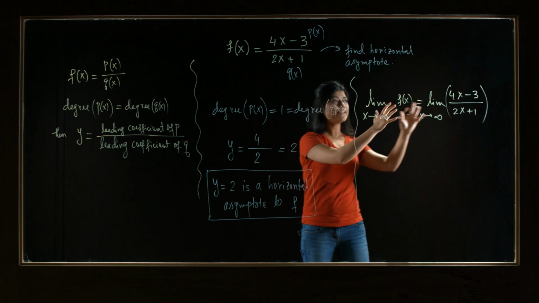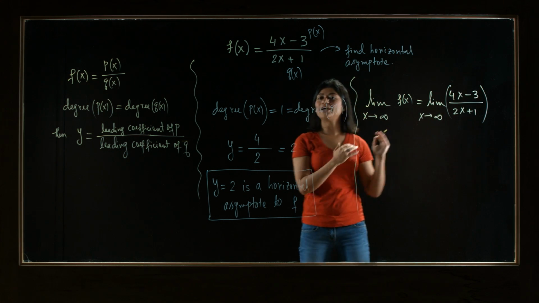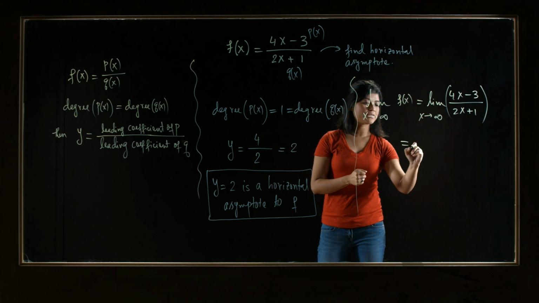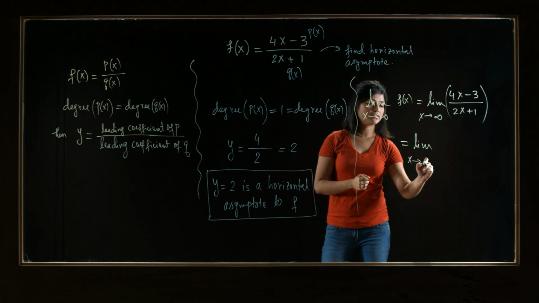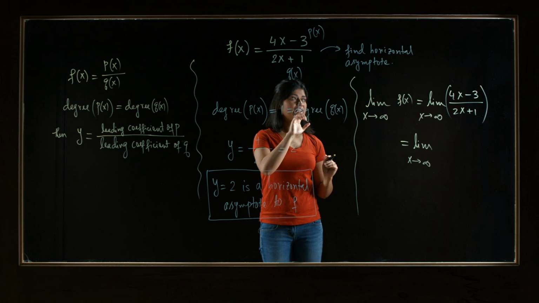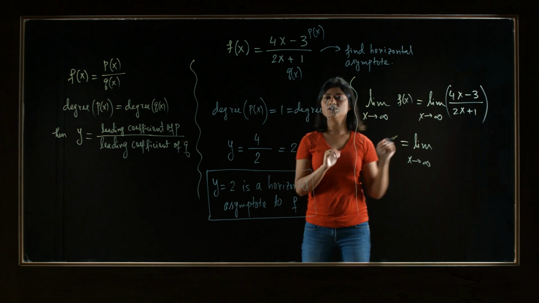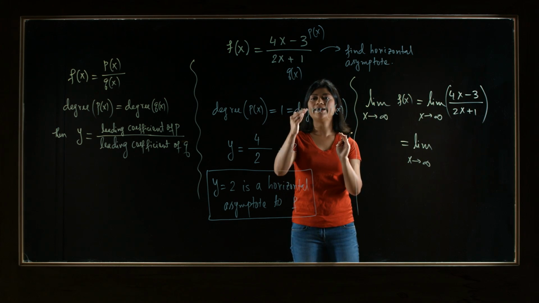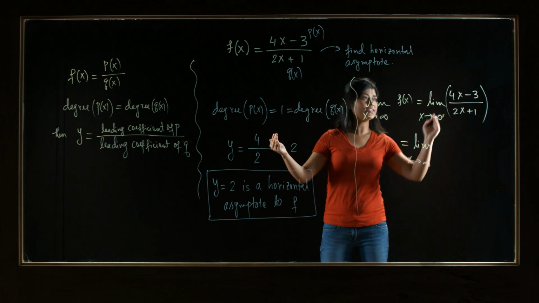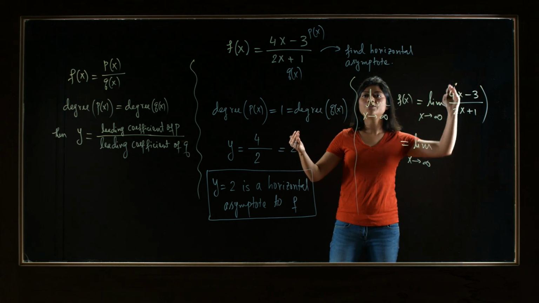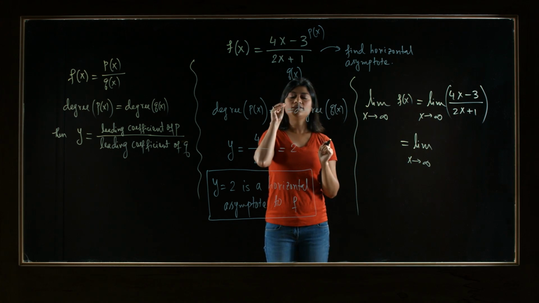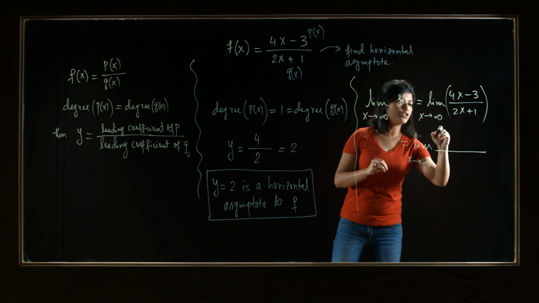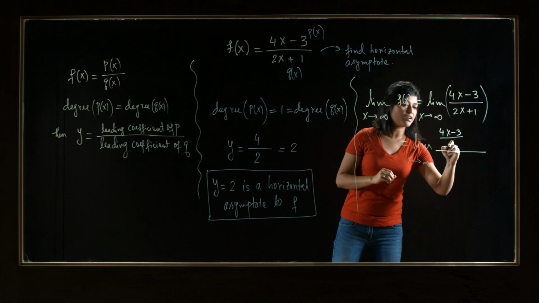There is a very nice technique we can apply whenever we have a rational function, a polynomial over a polynomial. What you do is consider the highest degree that we have in the numerator and the denominator. Look at both these polynomials separately and figure out the highest degree. We already know that the degree is 1 for both the numerator and the denominator. So you take the expression x to the power 1 and divide both numerator and denominator by x.